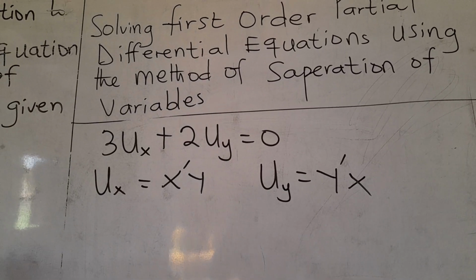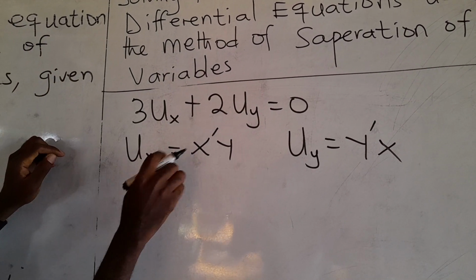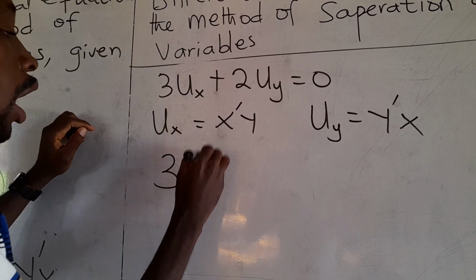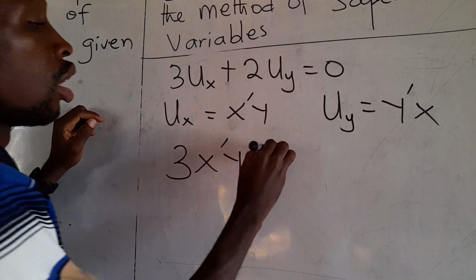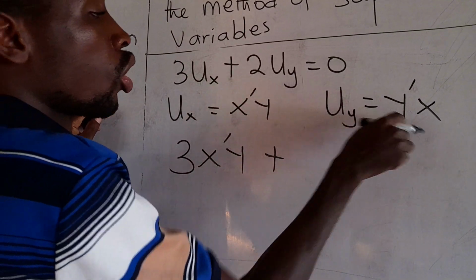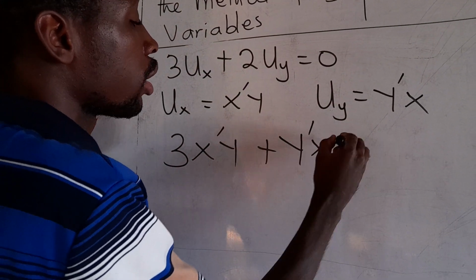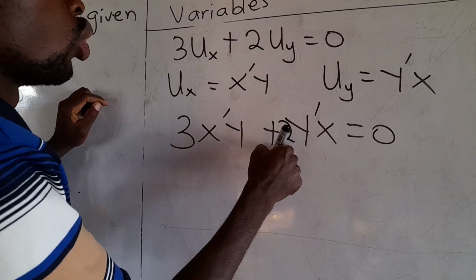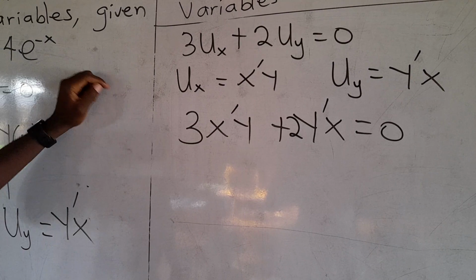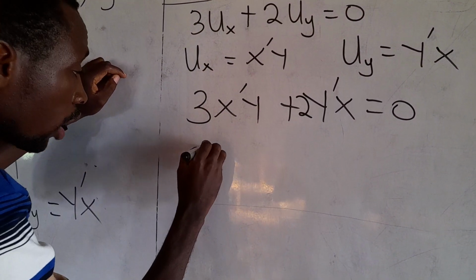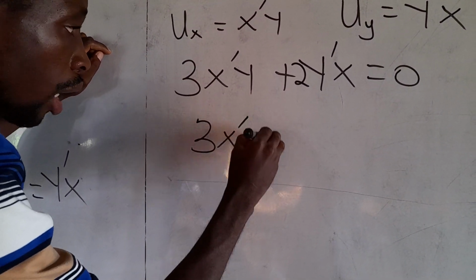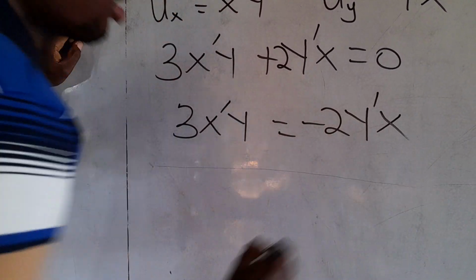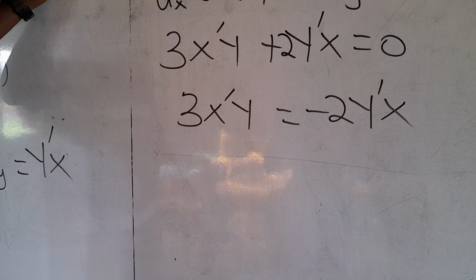So let's do the substitution. We have 3, in place of the partial derivative of u with respect to x, we put X prime Y, plus, in place of the partial derivative with respect to y, we put Y prime X, and equate it to 0. So there is 2 Y prime X. Then we send this one across. So we have 3 X prime Y will be equal to negative 2 Y prime X. What next?